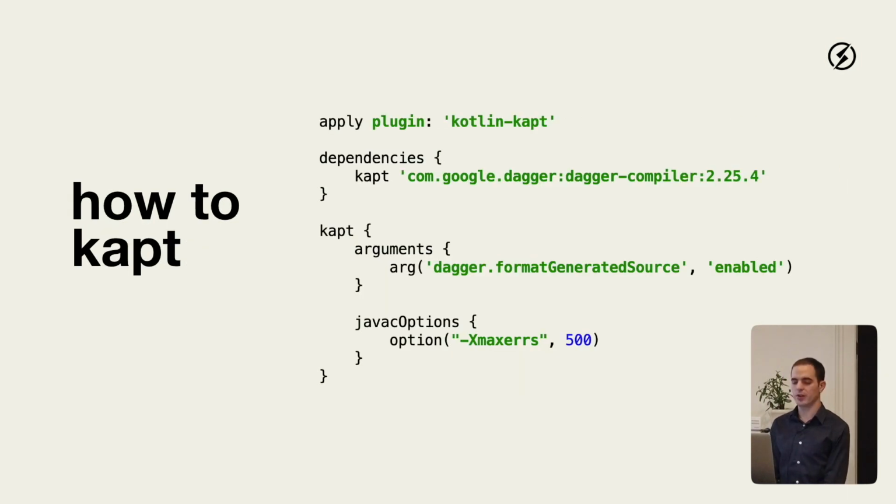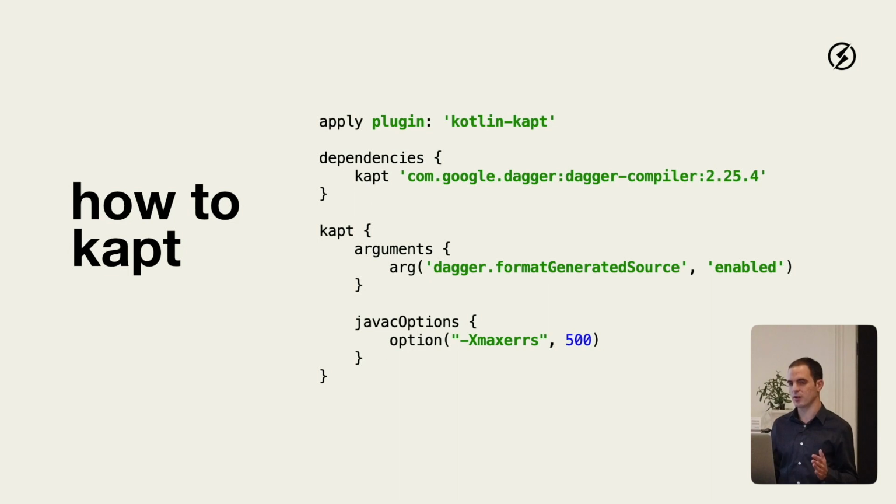So how do you use the Kotlin annotation processing tool as a developer? In Gradle, you have to apply the Kotlin kapt plugin. Then in the dependencies block, you have to list all your annotation processors in the kapt configuration. If those processors have some feature flags or options, then you can pass those in the arguments block. Also, I really encourage you to add this option, Xmaxerrs. This is because some processors can generate lots of errors.